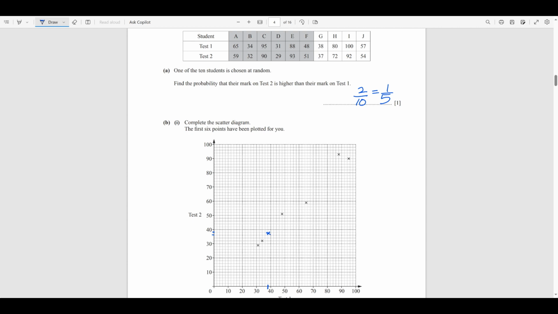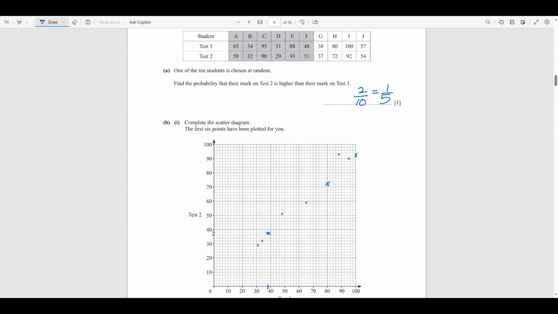Right. 80 and 72. So this is 80, a pretty good number. And then 72. So 72 will be here. First, let me put a mark so it's easier to see, and then I'm going to put a cross, right? All right, 92 and 100. 100 is a very good number, and then 92 will be 1 block ahead of 90. 1 block is 2 units.